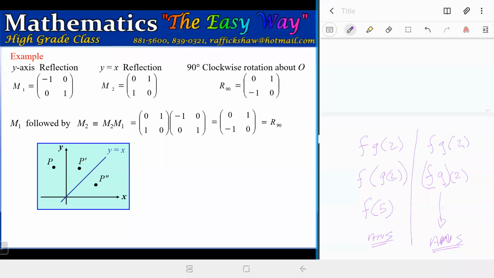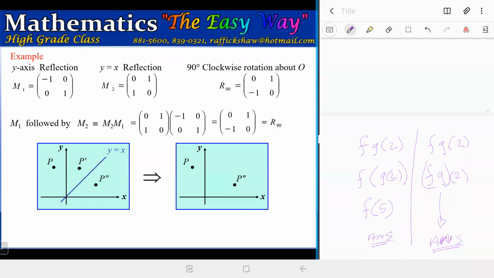The single transformation that takes me from P to P double prime is a 90-degree clockwise rotation, based on what we said. I have to use a rotation, 90 degrees clockwise about the origin, and that's it.